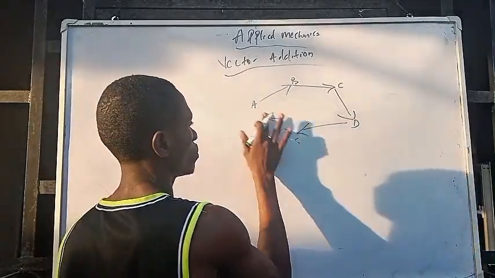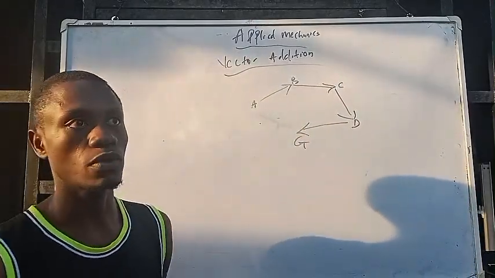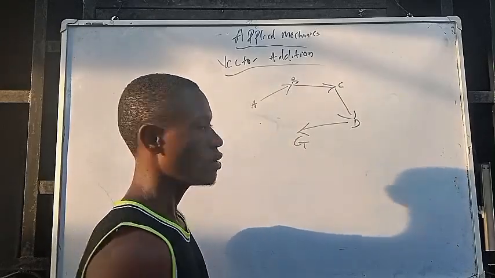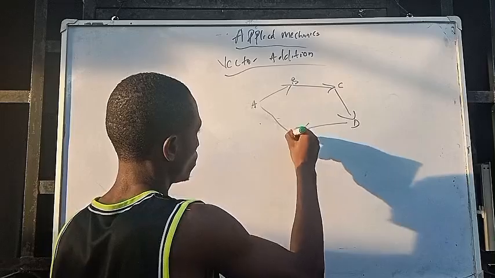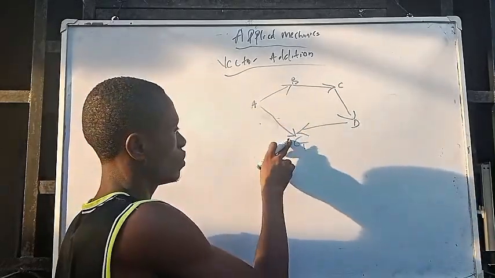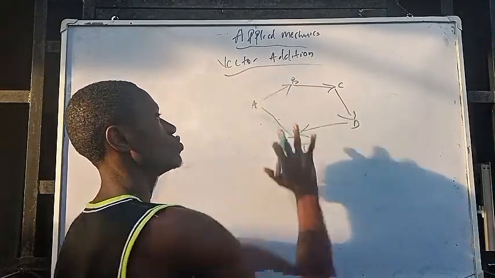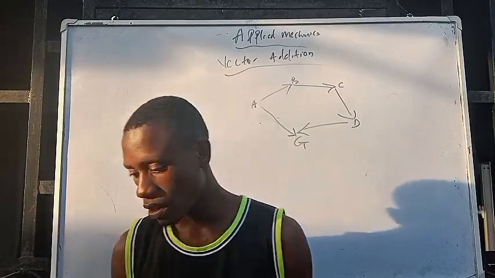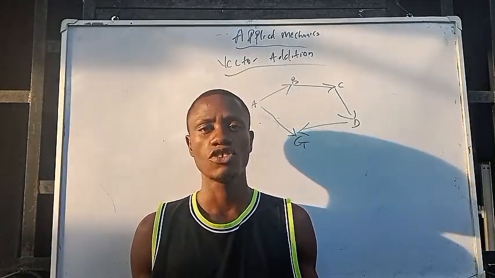Let me pull out this, I'll call this G. It's still the same principle. Now, the resultant of this vector will be from the foot of the first vector to the head of the final vector to form a polygon. So the polygon also follows the triangular rule.